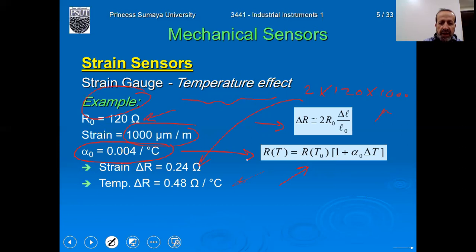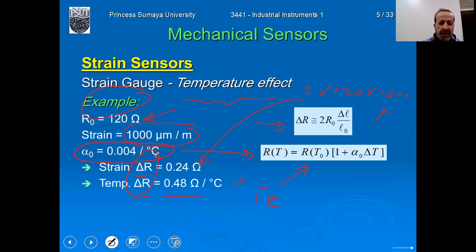So if we have a change of only 1 degree Celsius, then we have 0.48 ohm. If we have 2 degrees, then we multiply by 2. So if we compare this delta R with this delta R, we see that the change in resistance due to temperature will be double the value of the change in resistance due to the strain.